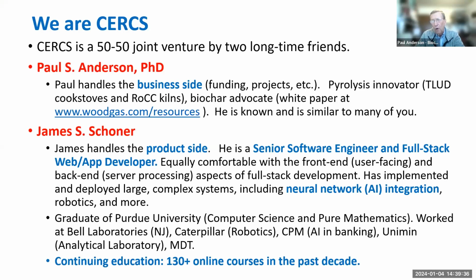Very important type of work, big systems. So James is a super computer science specialist, and he's up to date. He has continuing education in the past decade, and I'll say he's probably one of the people who made the best use out of the COVID lockdowns, because he got into lots and lots of courses.